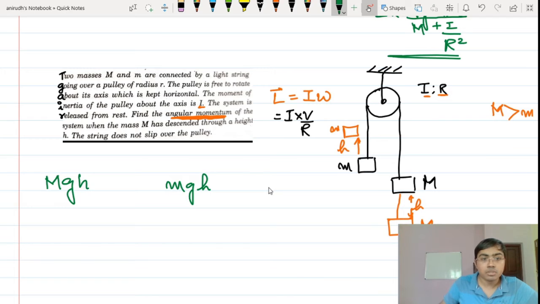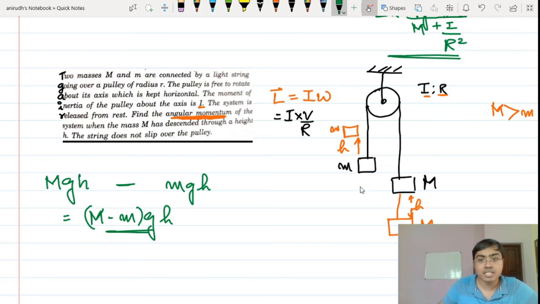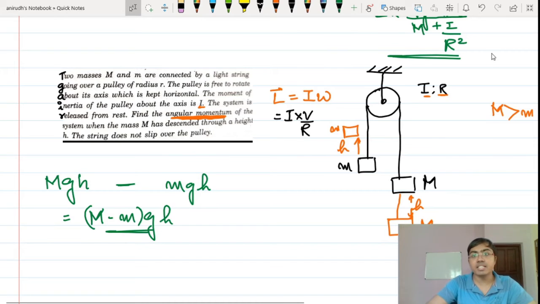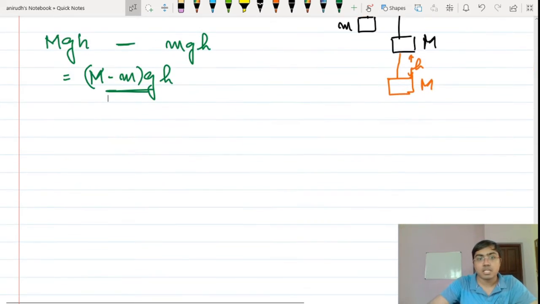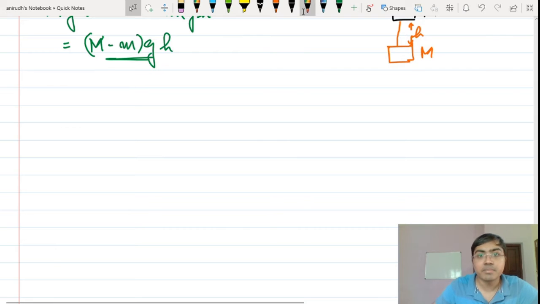Okay, so this is the net potential energy you can keep, which is equal to (M minus m) multiplied by gh. So this is the net potential energy over here. Now this is converted into the kinetic energy of the system. Fine. So how will I write the kinetic energy of the system? For the kinetic energy of the system, I think I will have to use something like half mv square.